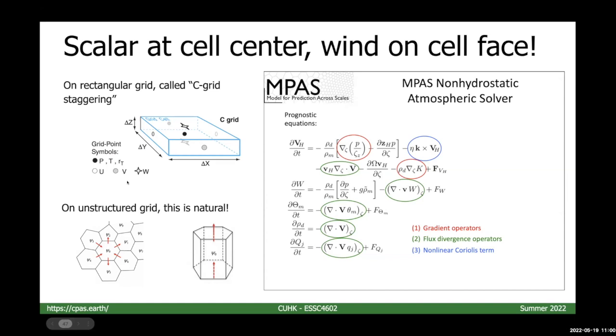So comparing the rectangular grid and this unstructured grid, they actually share the common principle that scalars are put at the cell center and wind is put on the cell face. This has attributes I will introduce in the next several slides. Now a few jargons on mathematical things.